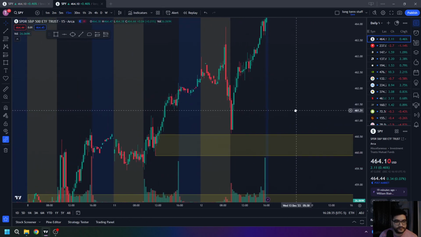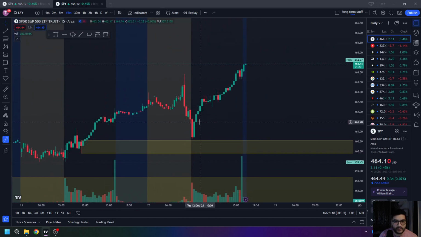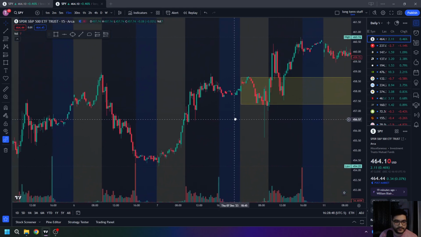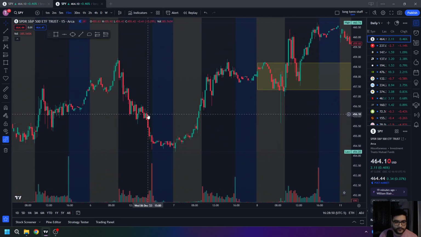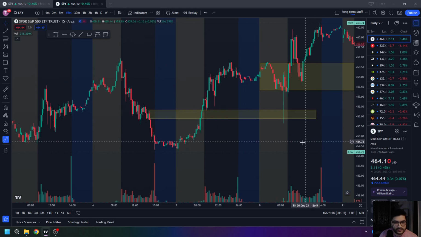Okay, these are not 3 or more consecutive candles, so unfortunately I cannot draw my box here. Go back. A little bit of sell off happened here, so you can go ahead and create a box right here.